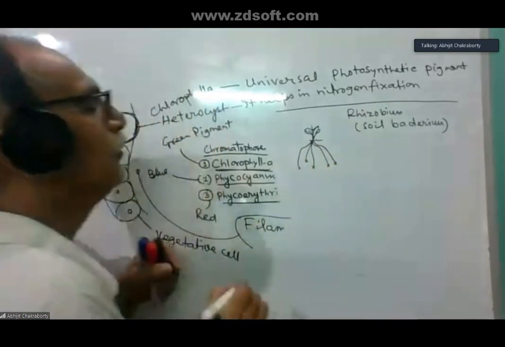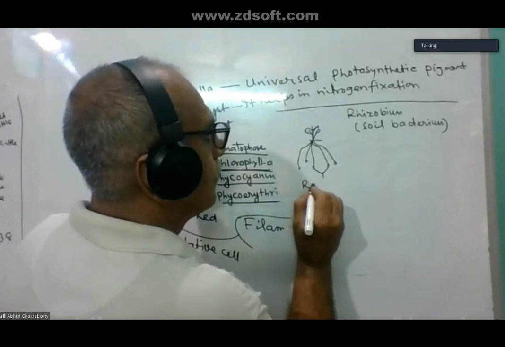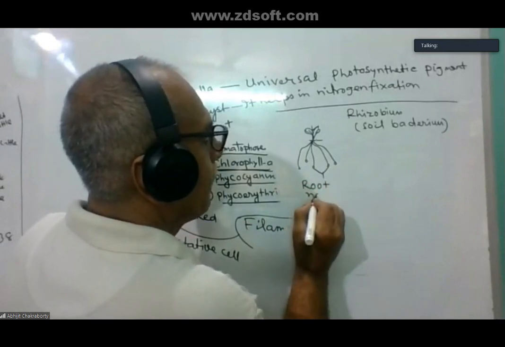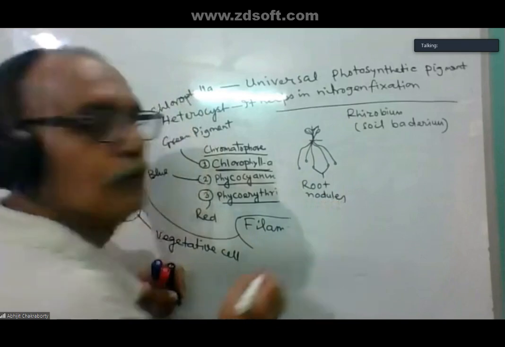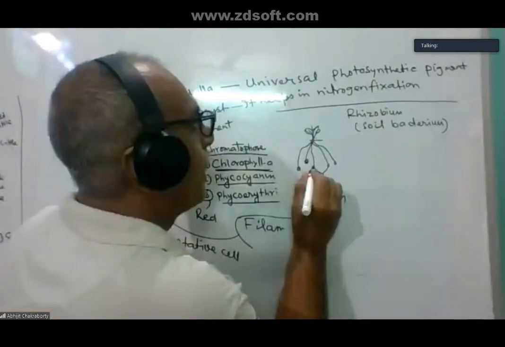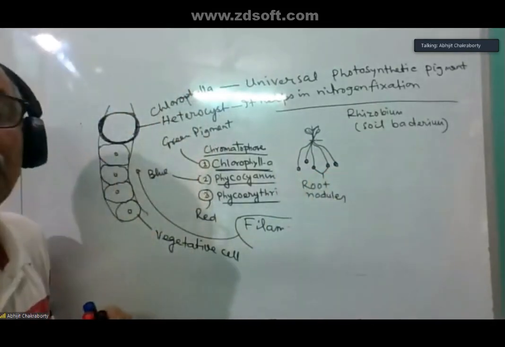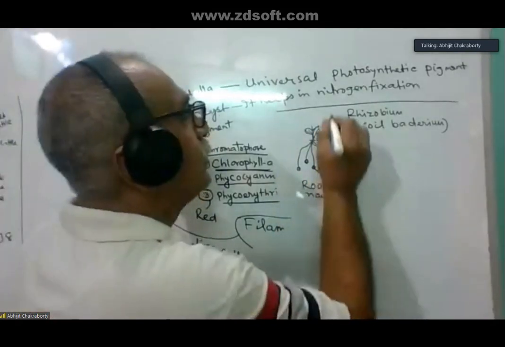You will get some root nodules here. In this root nodule, Rhizobium enters.